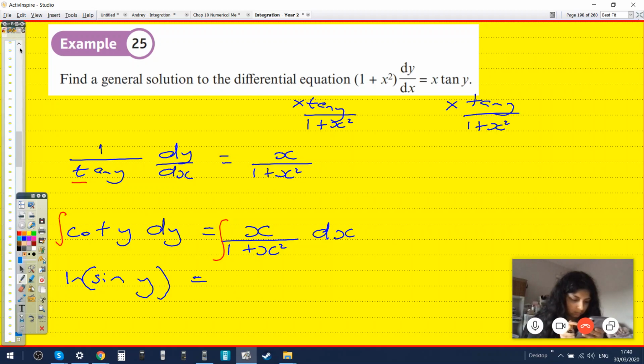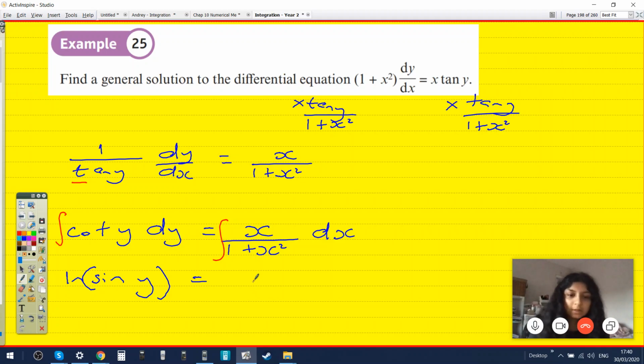Equals x over 1 plus x squared, integrate it with respect to x. Oh, x squared over 2 and then... How did you get x squared over 2?